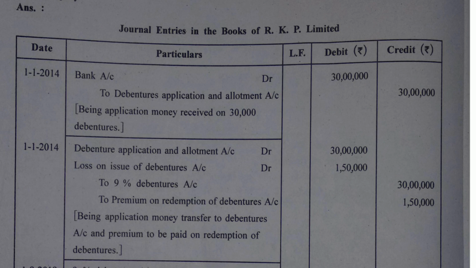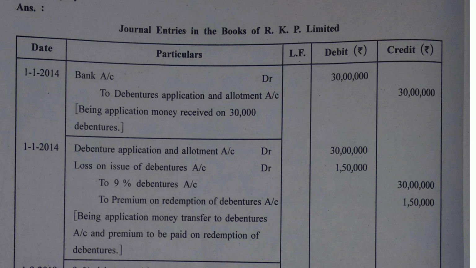So the very first journal entry on 1st of January 2014: bank account debit 30 lakh, to debentures application and allotment account 30 lakh. Application money received on 30,000 debentures, 30,000 into 100, the face value.